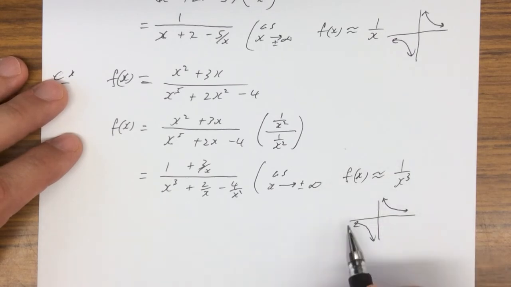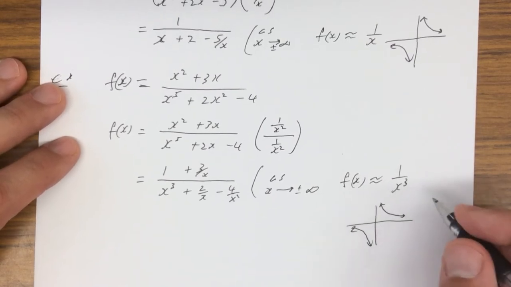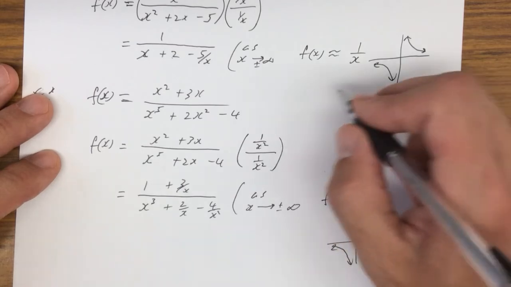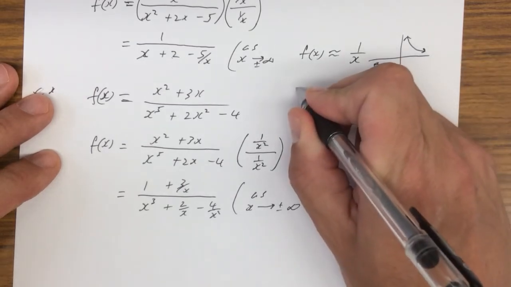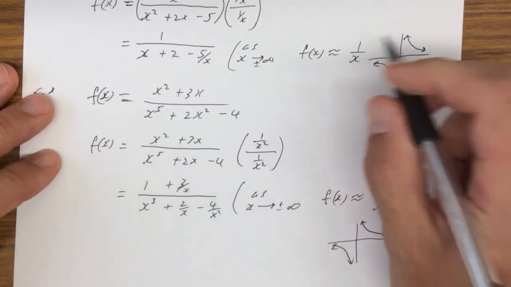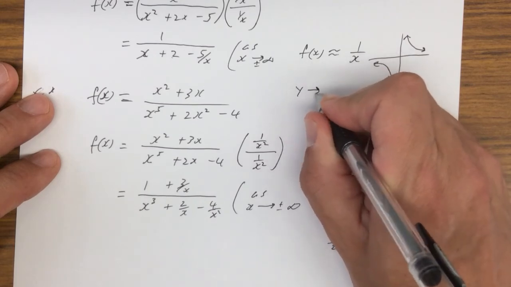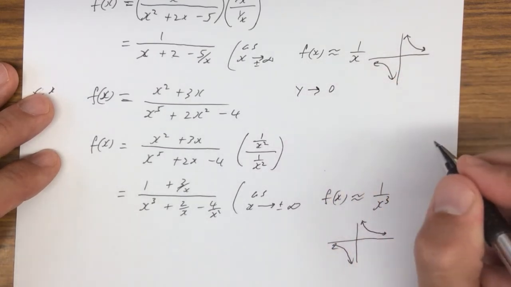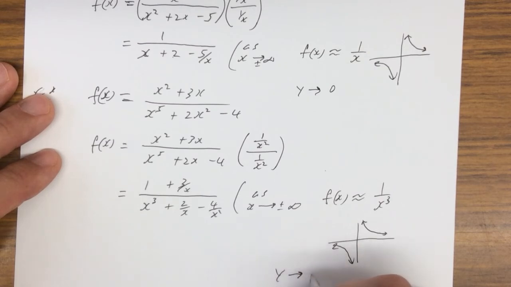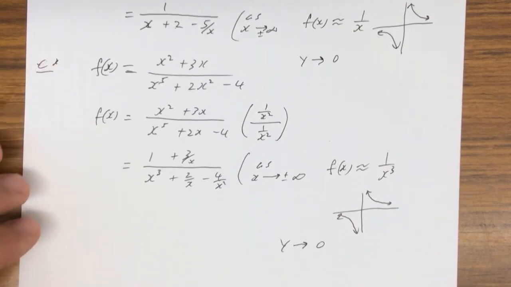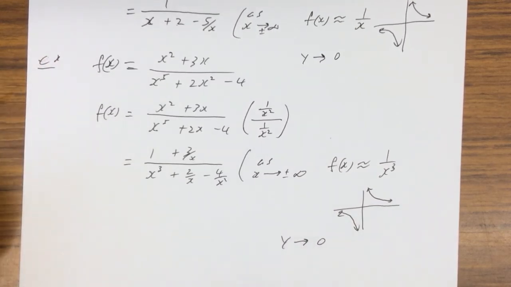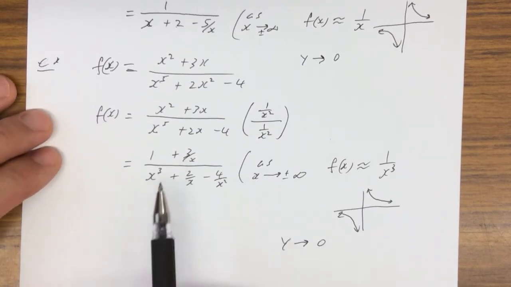So as x goes to plus or minus infinity, for both of these cases, f of x is approximately that, and y goes to 0. Now we know what the end behaviors are going to look like for these functions.